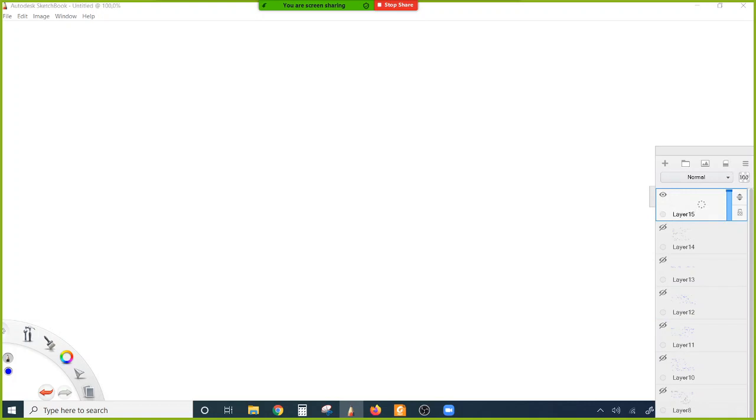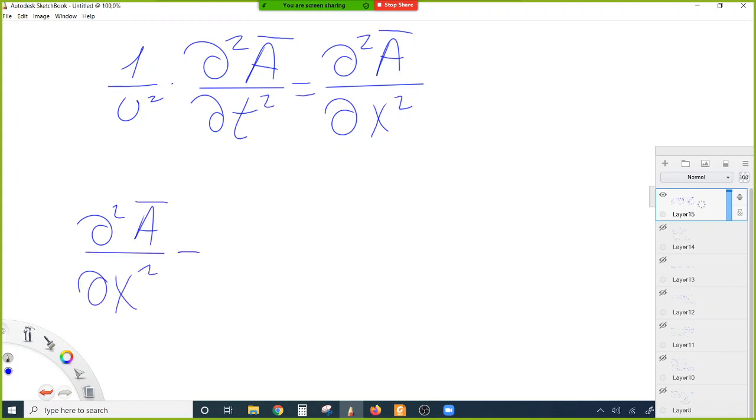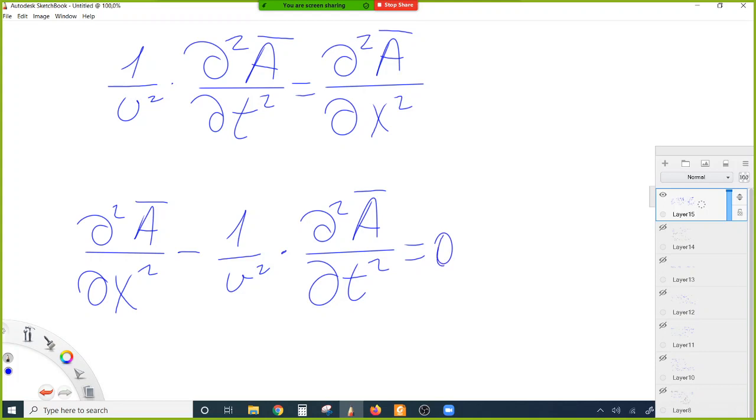I mean, 1 over v squared multiplied by d squared A over dt squared is equal to d squared A over dx squared, or d squared A over dx squared minus 1 over v squared d squared A over dt squared is equal to 0.